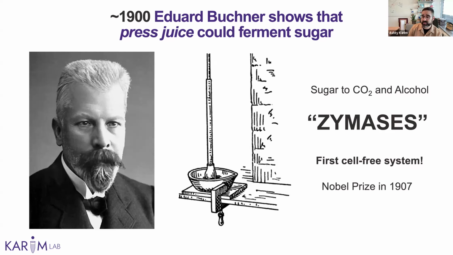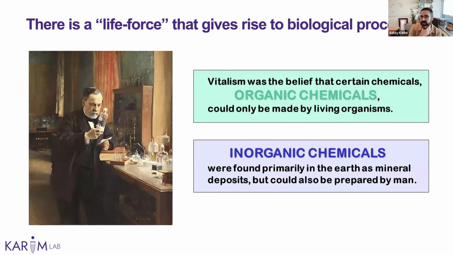And one of the reasons it received the Nobel Prize was actually because of a theory or belief of vitalism. So this idea of vitalism was that certain organic chemicals could only be made by living organisms, and that there were inorganic chemicals that were primarily found in the earth as mineral deposits, but could be prepared by humans.